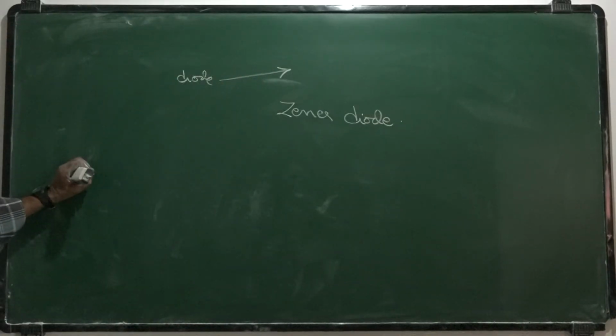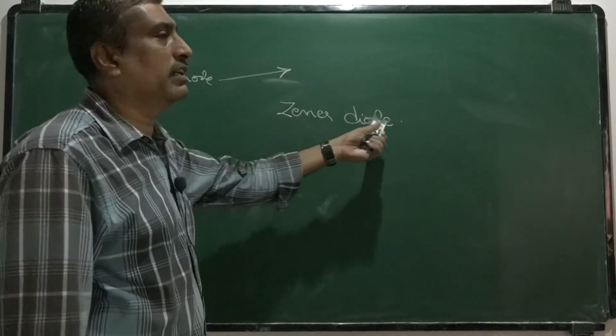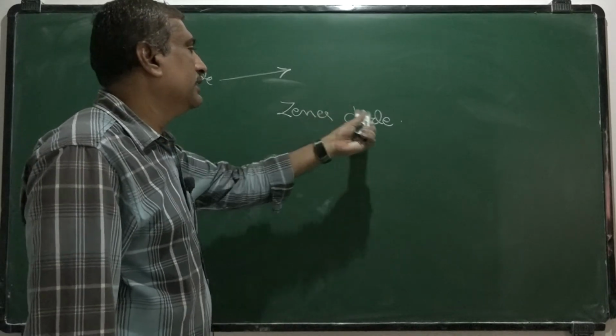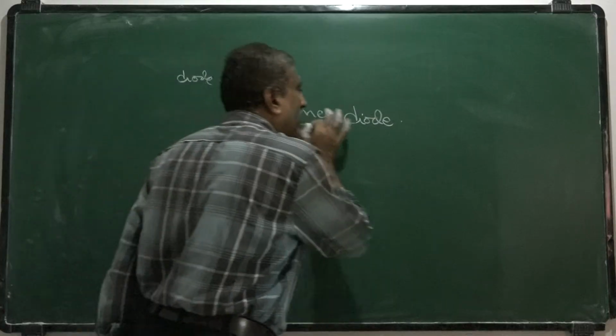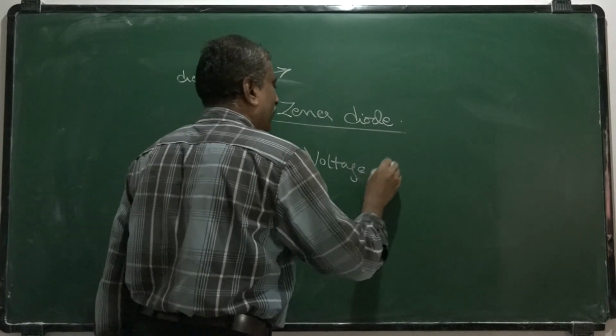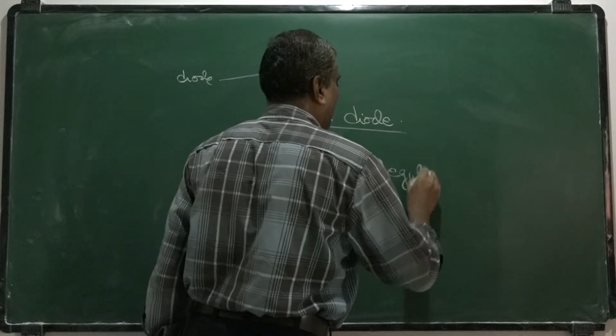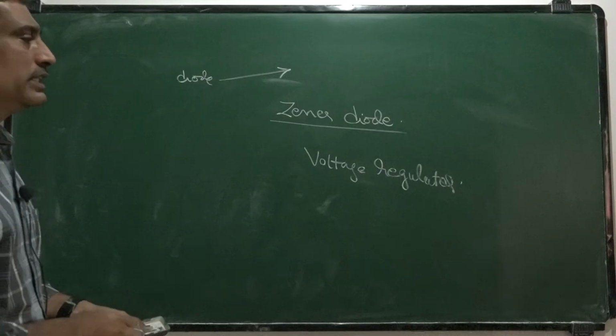A p-n junction diode which is used in reverse bias and undergoes Zener breakdown is called a Zener diode, and the main application of the Zener diode is as a voltage regulator.